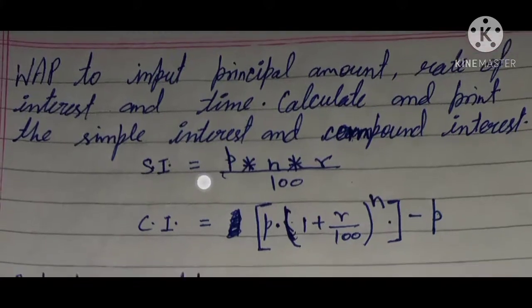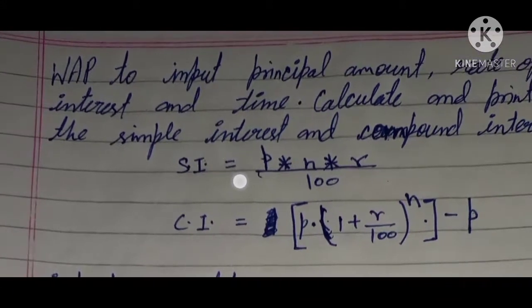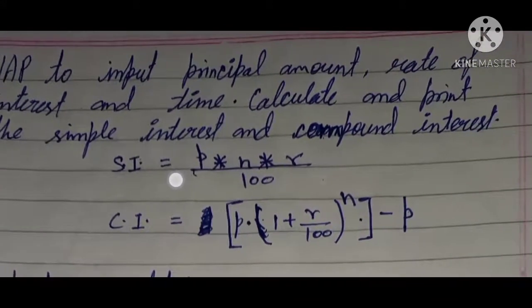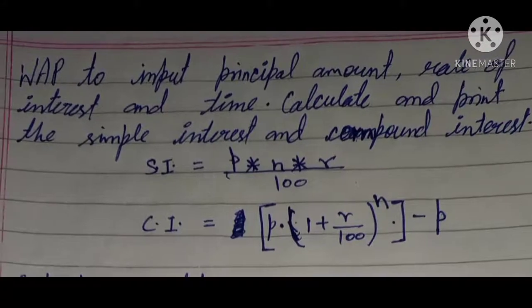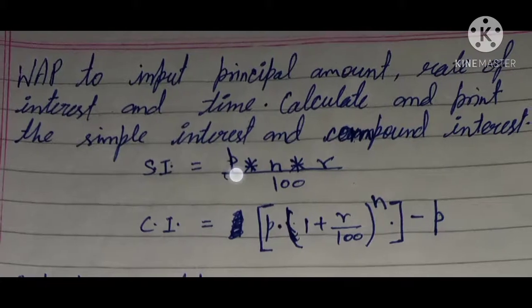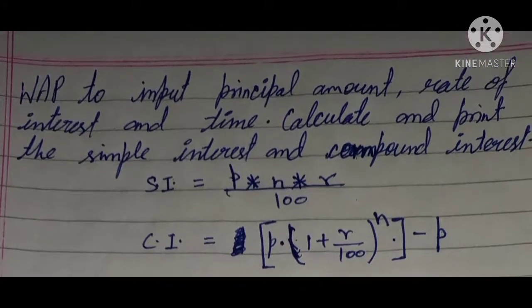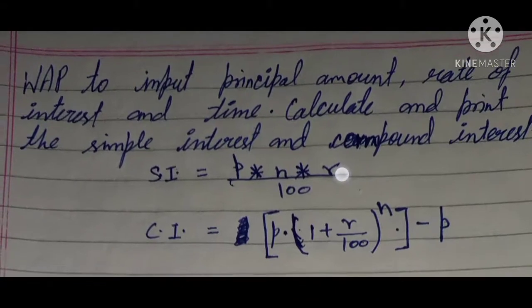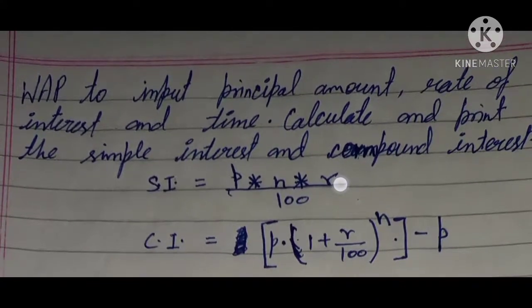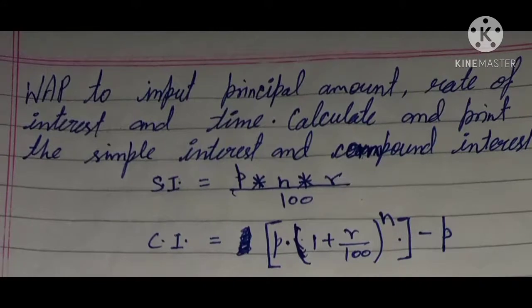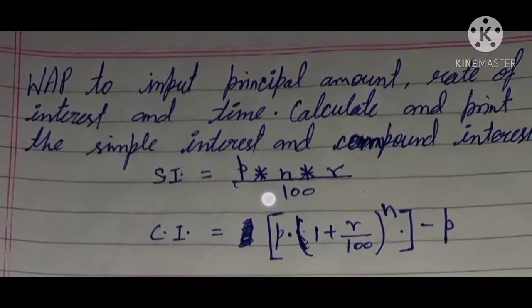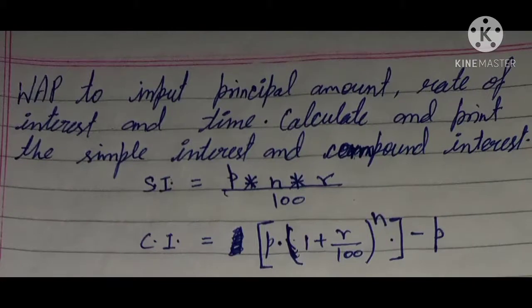This is the simple interest formula: SI, which means simple interest, is equal to principal amount multiplied by time multiplied by rate of interest, and divided by, mind this point, whole divided by 100. This is the formula to calculate simple interest.